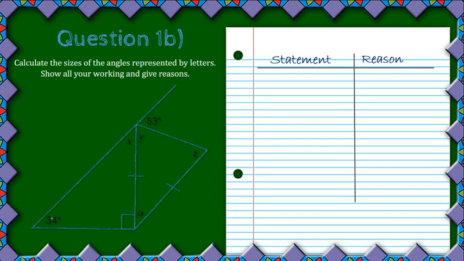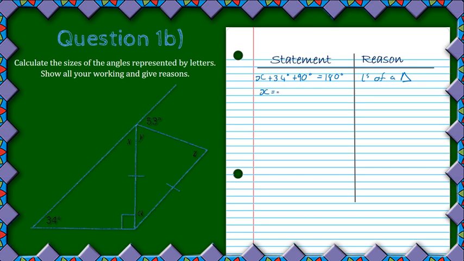So this one is 34 degrees, this one's 90 degrees, so I can find X by adding them up and equating them to 180. So we have X plus 34 degrees plus 90 degrees is equal to 180 degrees, and our reason is angles of a triangle. And then I just solve for X.